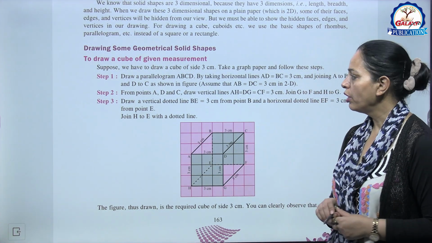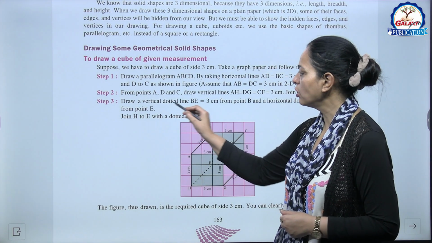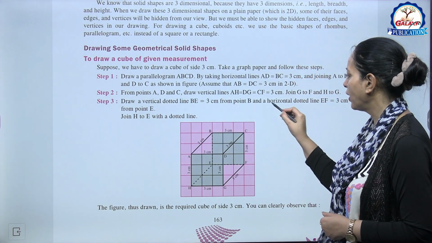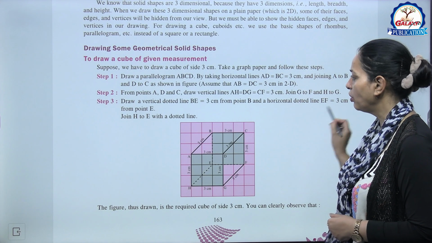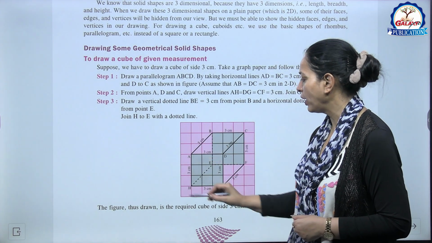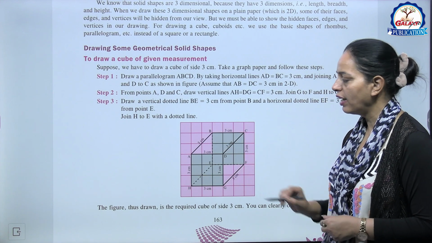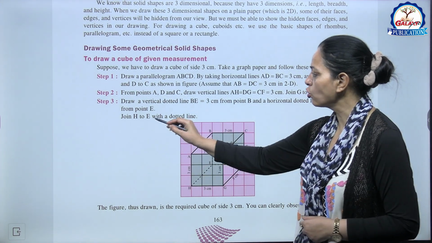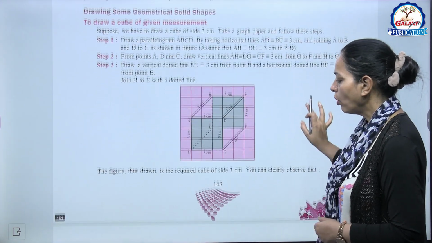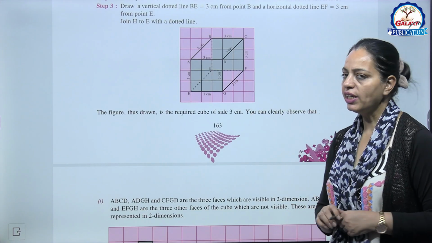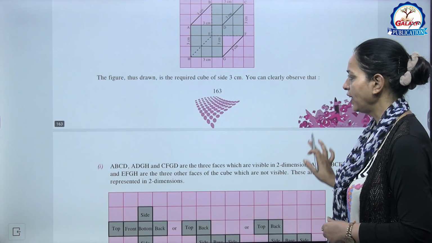Okay, now the next step: draw a vertical dotted line BE of 3 cm from point B and a horizontal dotted line EF of 3 cm from point E. So like this we can show these dotted lines. Now join H to E with a dotted line. So what are we getting? We are getting a cube of side 3 cm, right?